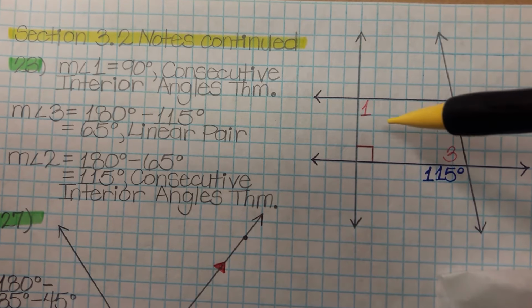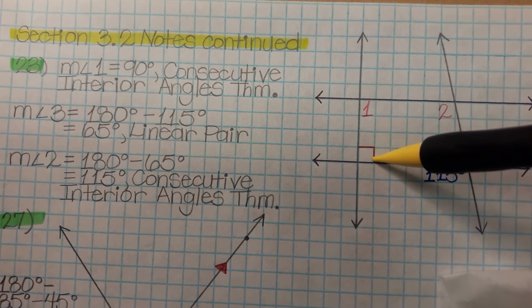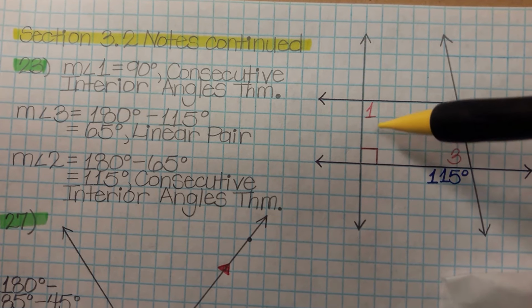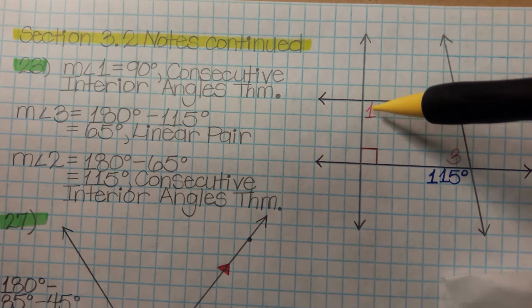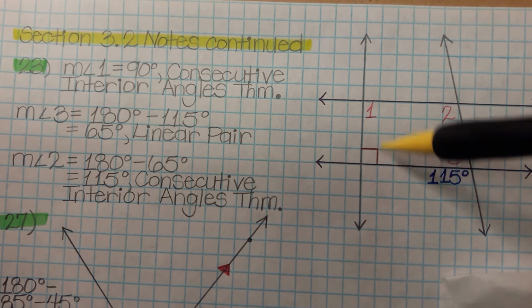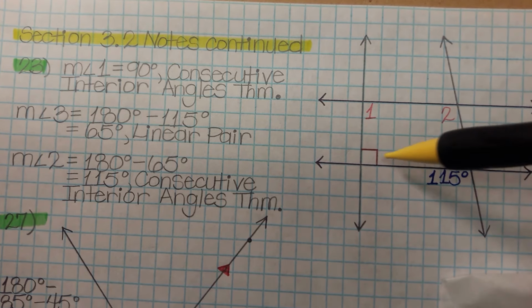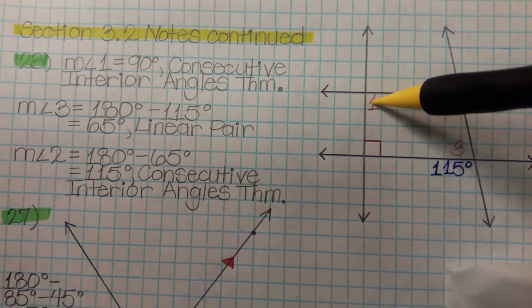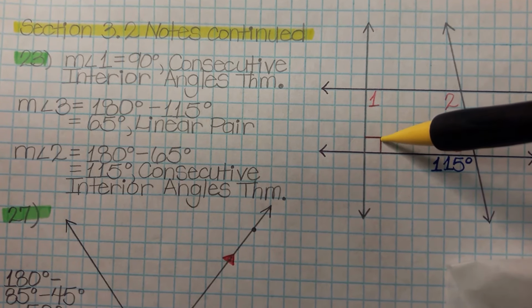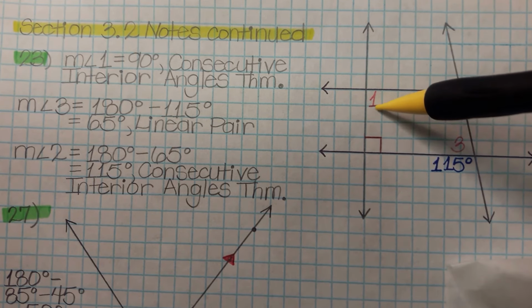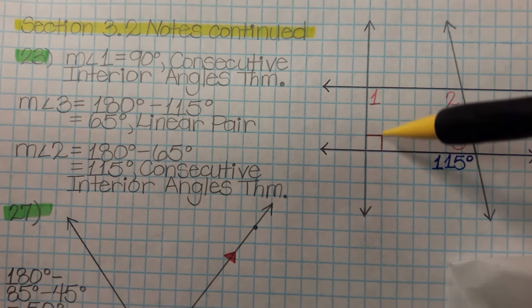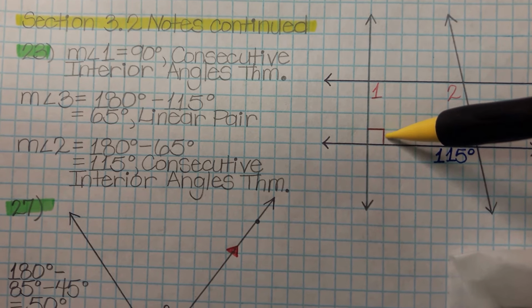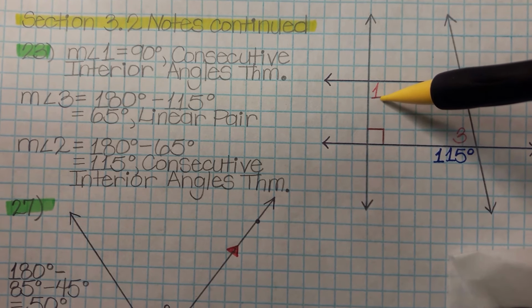Now, looking at angle 1 and 90 degrees, I can say that these are consecutive interior angles. They're inside the parallel lines and on the same side of the transversal. And if that's the case, if this is 90, this is also 90. I know consecutive interior angles are supplementary, so 90 plus 90 gives me 180.